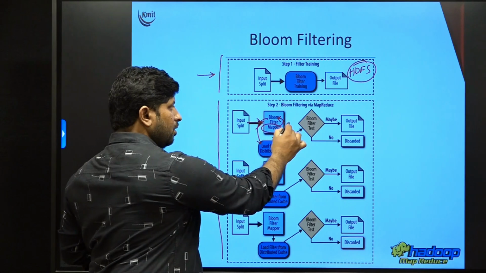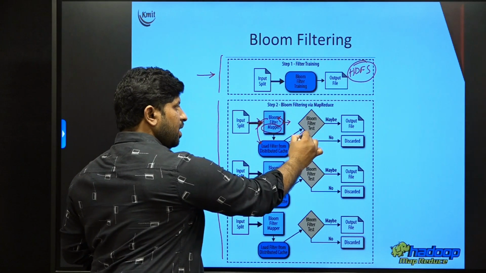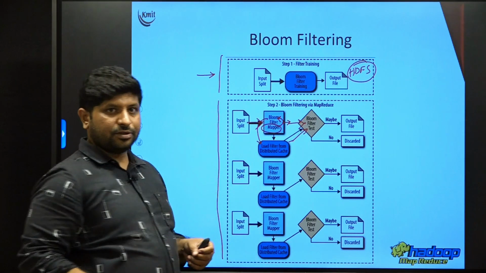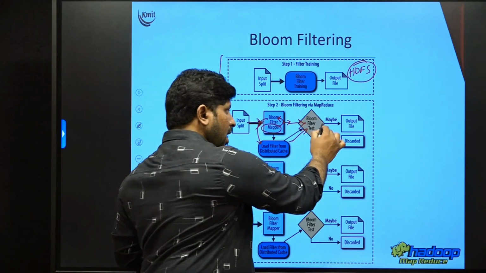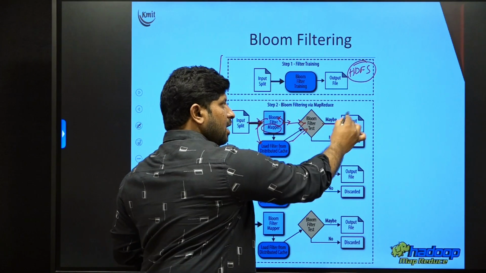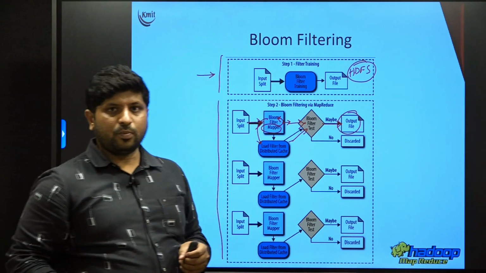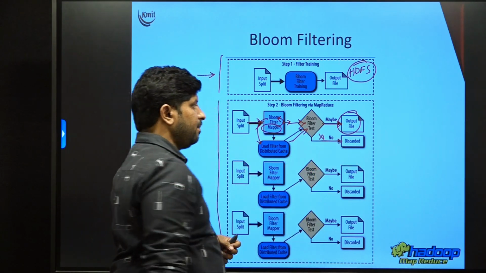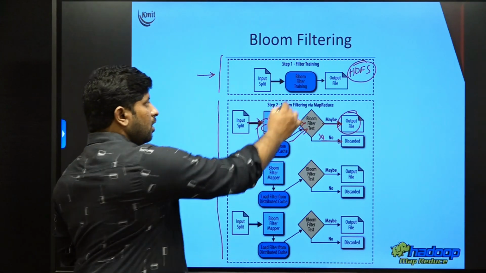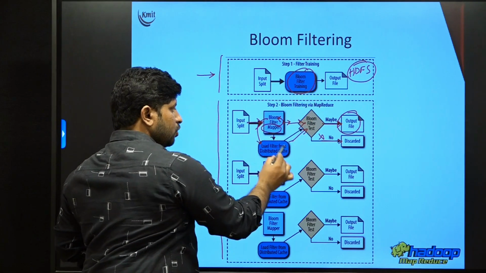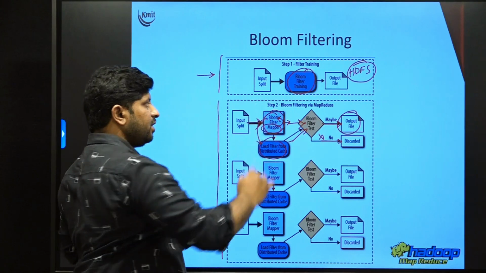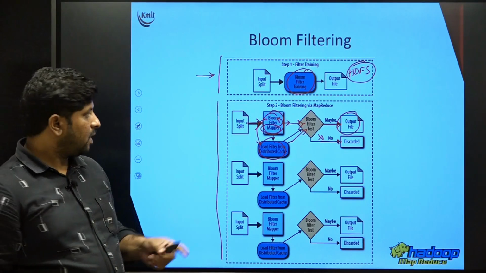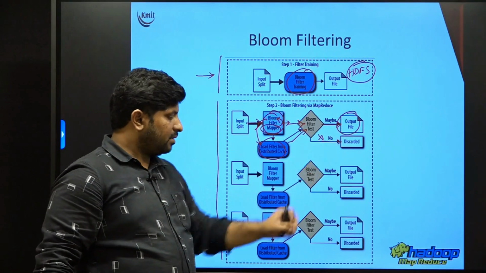If both match, it is written to the output file. If there is no match, it is discarded. So the stored Bloom filters are matched with the records, and if it matches, it is written.